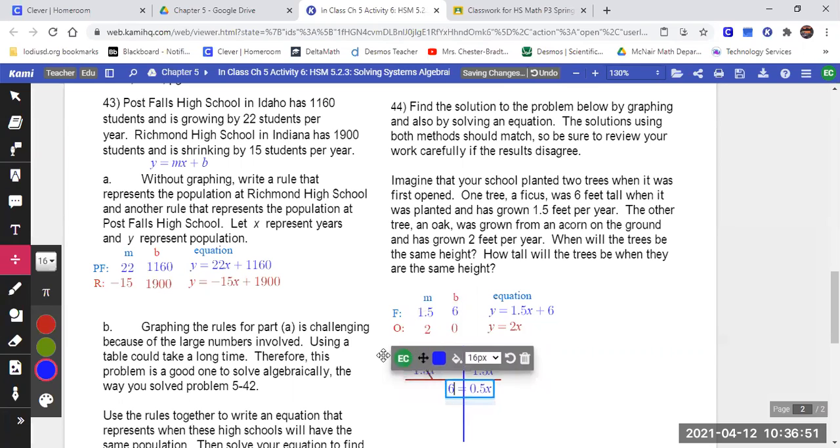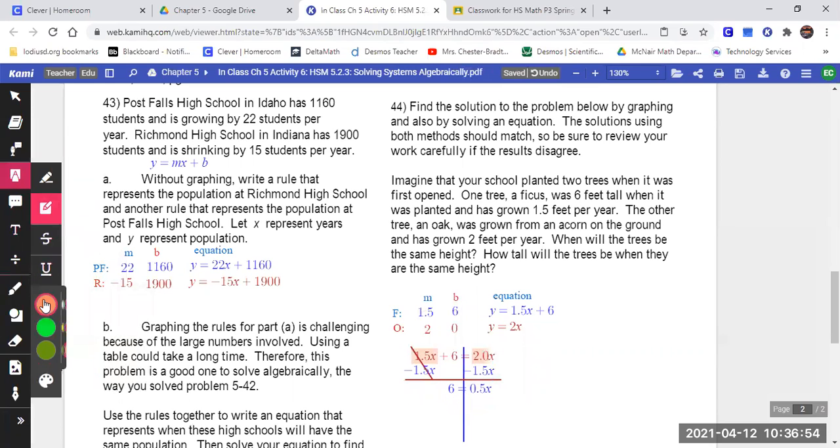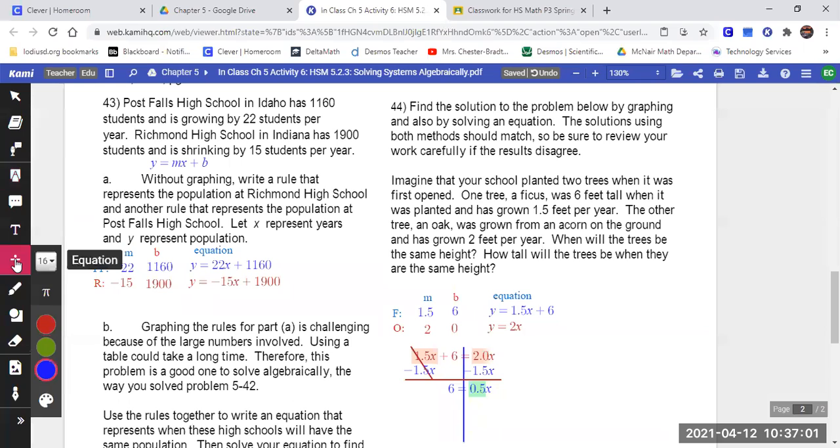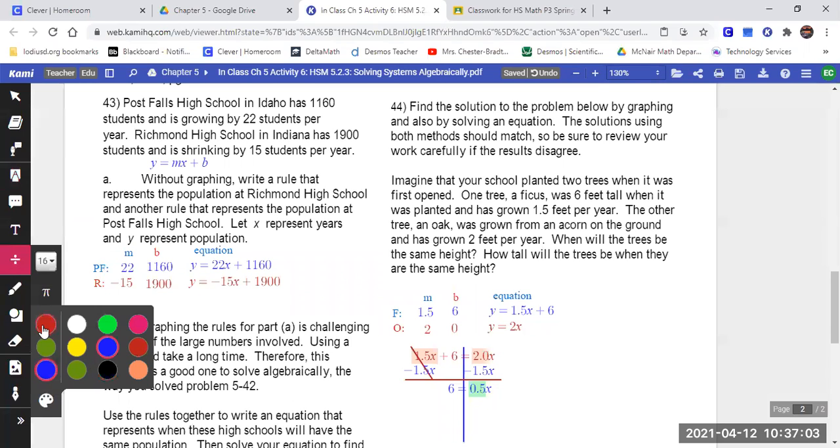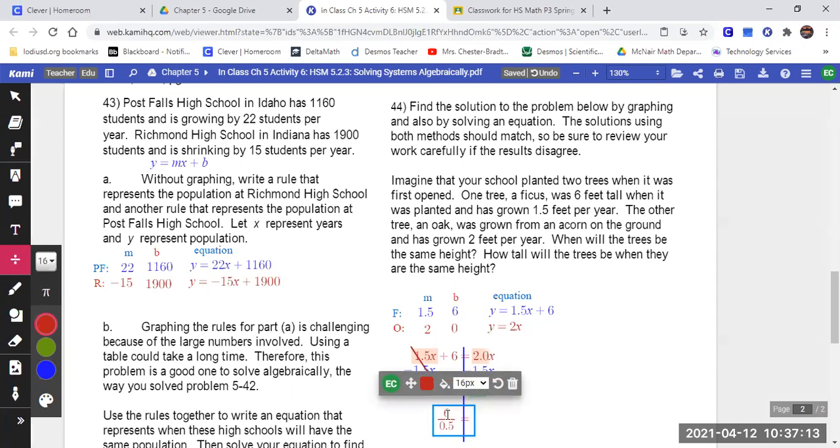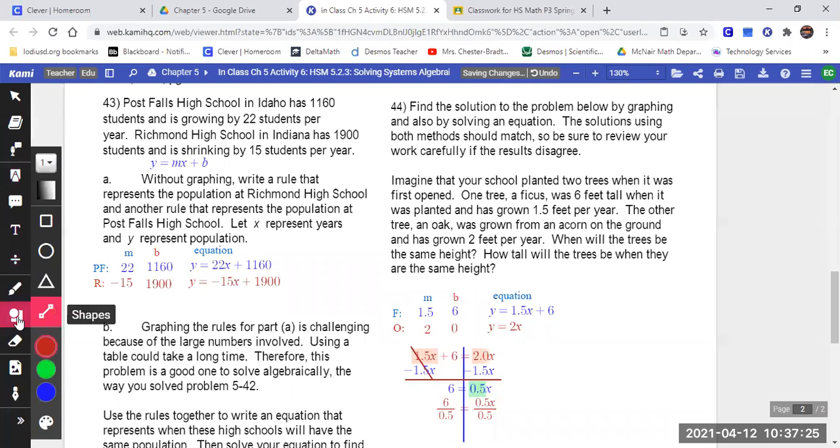So now I'm going to big one this 0.5. So my 6 has to divide by 0.5, right? And my 0.5x has to divide by 0.5 so that I could big one that away.